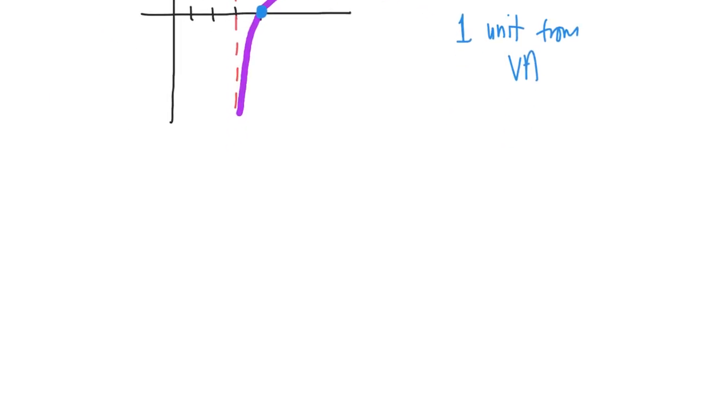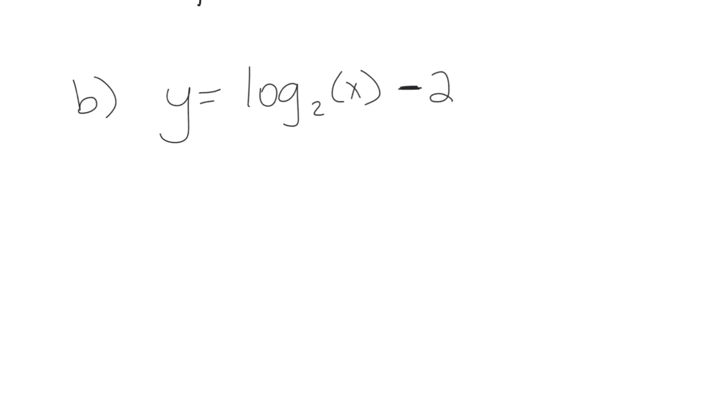Okay, so let's see what a vertical transformation would look like. So here we have log base 2 of x minus 2. So notice the minus 2 is not in parentheses. Sometimes you might see this out front like a negative 2 plus the log base 2 of x.